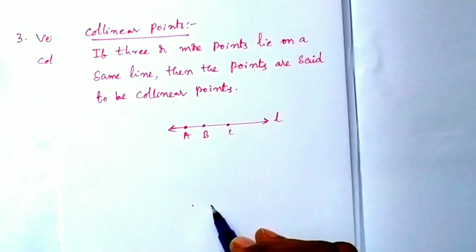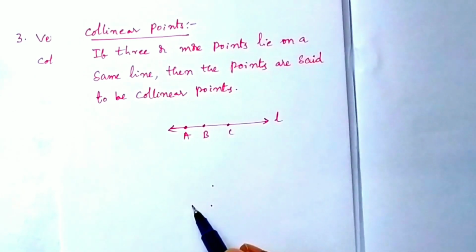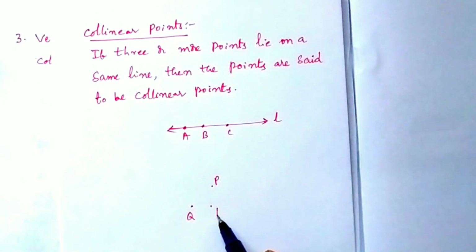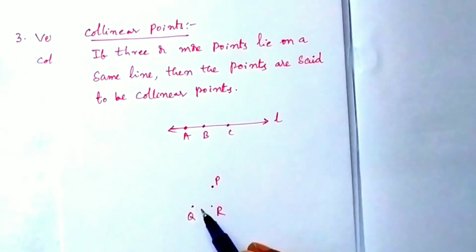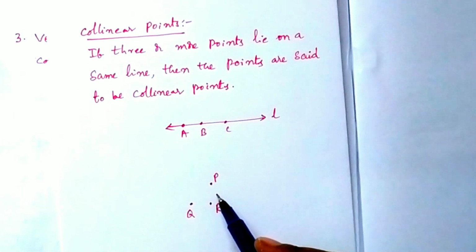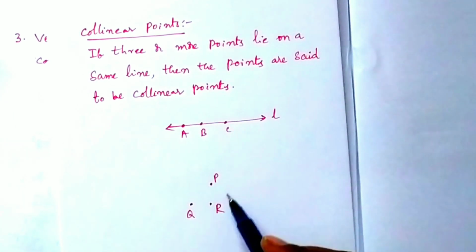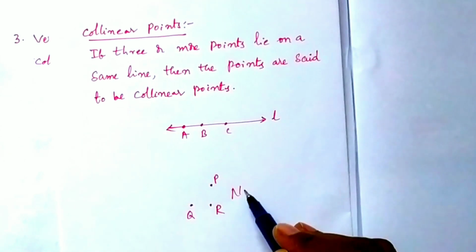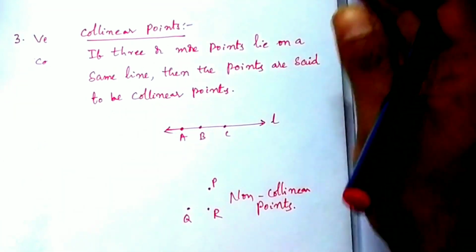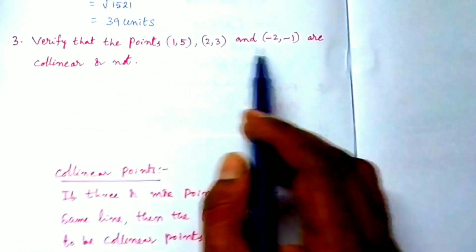Suppose this point is P, this point is Q, this point is R. So these 3 points P, Q, R are not on the same line. So this type of points are said to be non-collinear points. So how can we verify whether these 3 points are collinear or not?